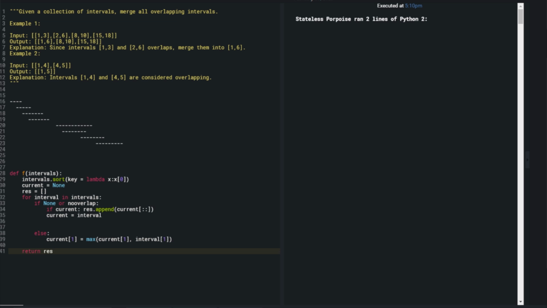Oh, like if there was an overlap, then if there was a previous one, then I put the previous one in. I think this was supposed to be if current is none, right? I think that's what you were going for. So you can't have line 33 and line 34 both happen, right?